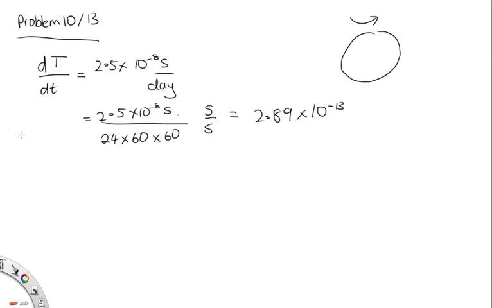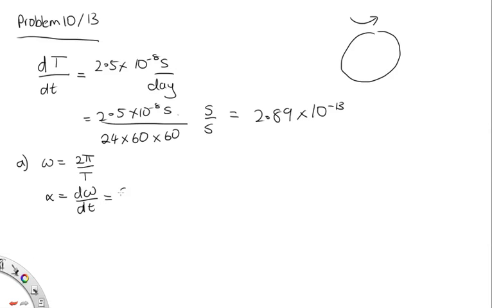Now, part A of the question asks us, what is the angular acceleration? Well, we know that the angular speed, omega, is equal to 2 pi over T. And we also know that alpha, the angular acceleration, is equal to d omega dt, the derivative of omega with time.